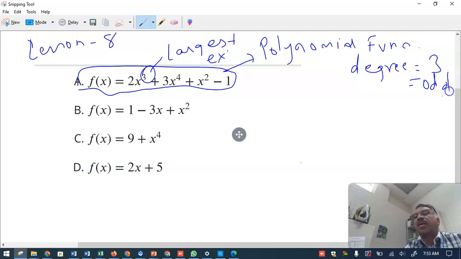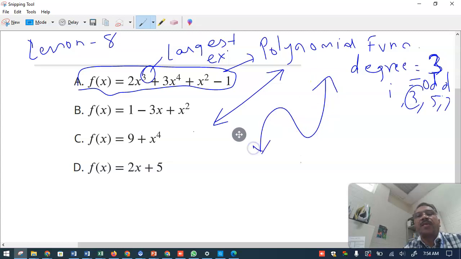On Friday, I showed how the graph looks when the degree is 1, 3, 5 and 7. If it is 1, remember, it was a line. If it is 3, it is down-up, always like this.